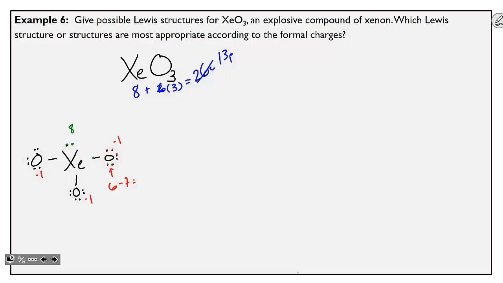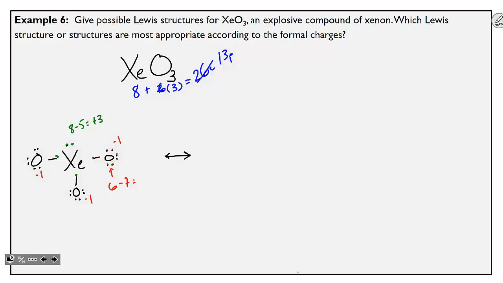Its formal charge, in the way we drew it here, is a +3. Overall, this is a valid Lewis structure. It is neutral, but every single species has a formal charge. This is not the best way to draw this. This has way too much energy.